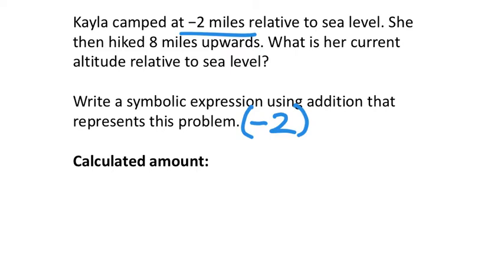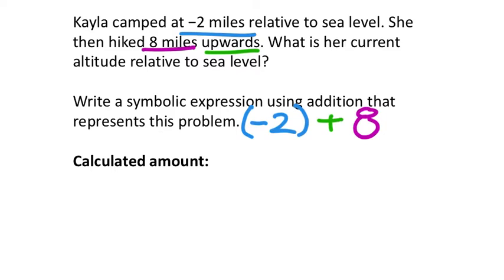Then it says that she's going to hike 8 miles, so I'm just going to put the 8 there, but it does say upwards, and that's one of the crucial words here because relative to sea level, she's going in the positive direction, which means we're going to add the 8 right there, okay?